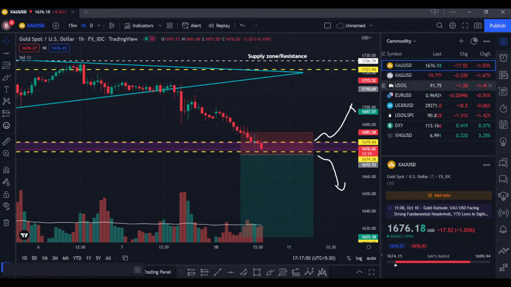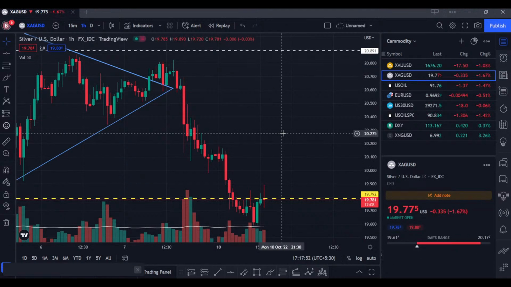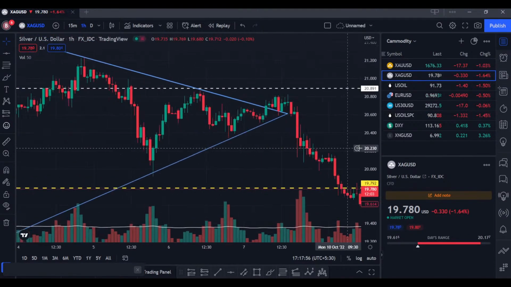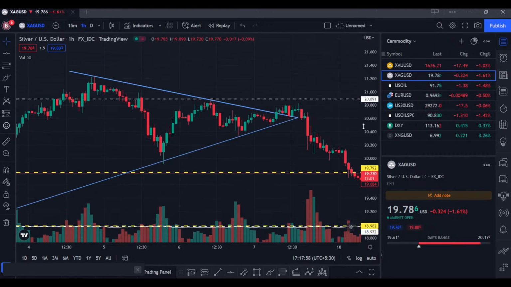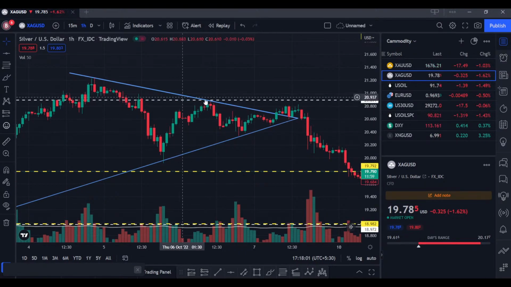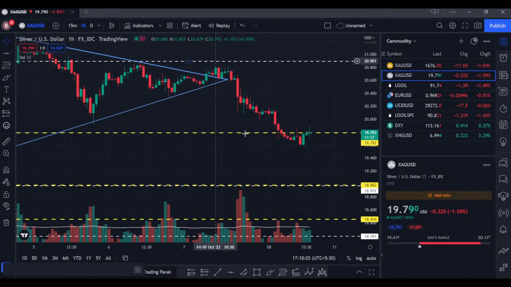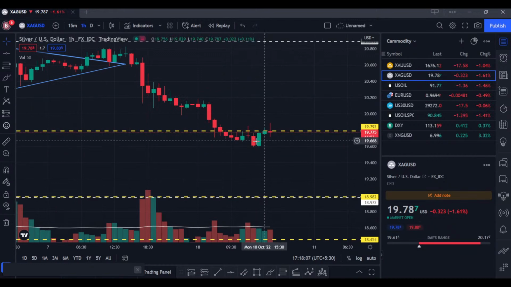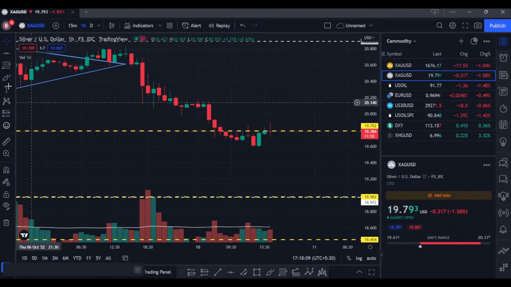Now see the next one, silver. In silver, what is happening here is that it also made a peanut-like pattern at a supply zone or resistance zone, and after that we got a bullish engulfing.